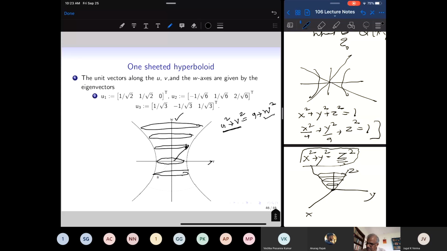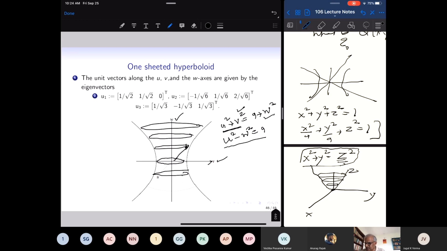Why is it a hyperboloid? Where is the hyperbola in this equation? Put v equal to 0, then I get u square minus w square equal to 9. If I cut it with planes parallel to the uw plane, putting various values of v, in particular v equal to 0, the uw plane is represented by v equal to 0, and that intersects my hyperboloid in this hyperbola, u square minus w square equal to 9.